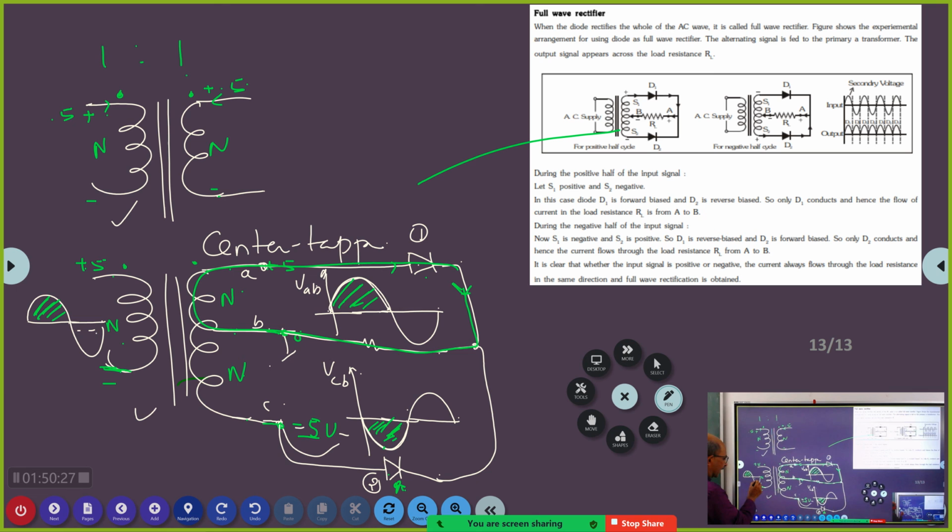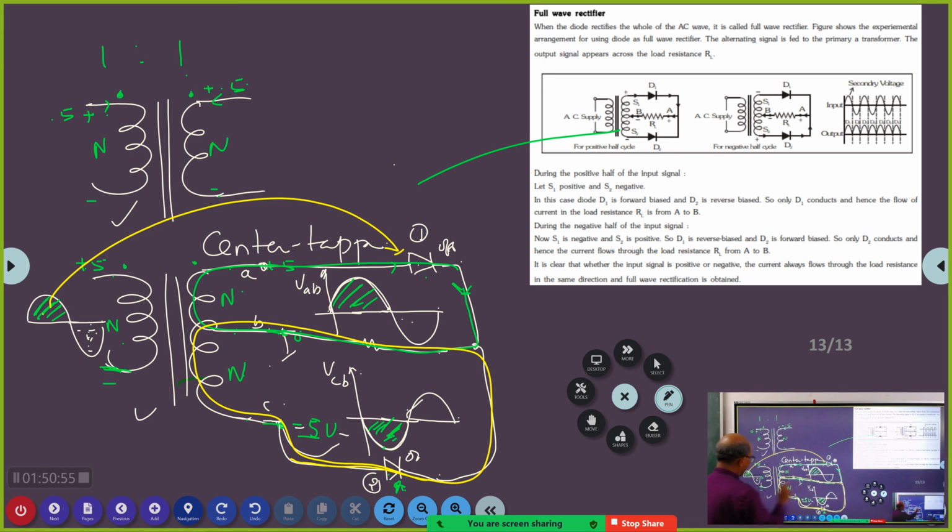Now, during this excursion, this is now negative, so this diode is off. But this is positive, so this diode is on. So now the current will flow like this through the load. So during this cycle, this diode will conduct, and during this cycle, this diode will conduct.